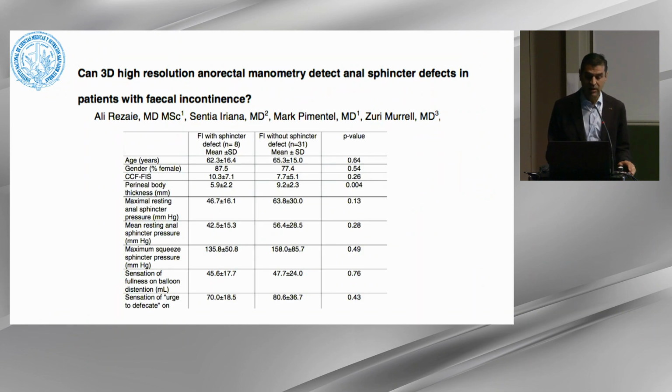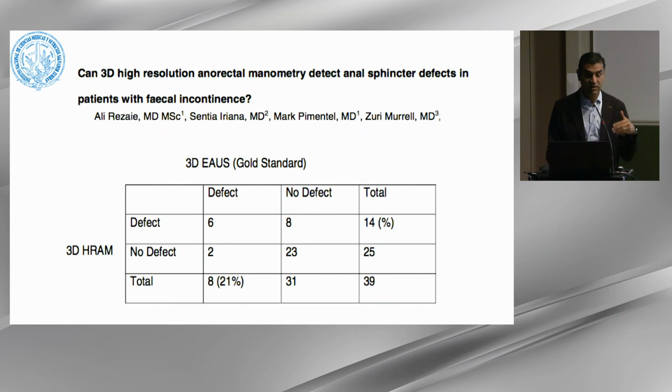This other study assessed these sphincter defects in patients with fecal incontinence with or without defects. As you can see, the normative parameters for measurements are kind of similar, but when it comes to the rate of detection of sphincter defects, the 3D detected 14% of those defects compared to 21% in the anal ultrasound.